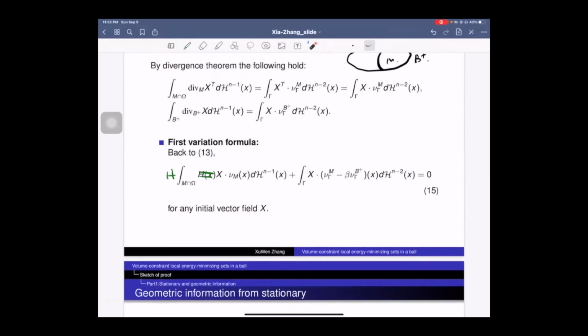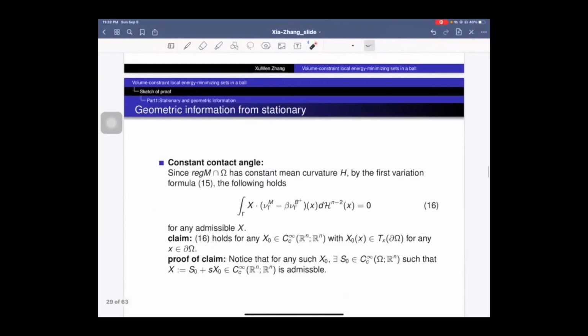And for any initial velocity x, the integration of x dot with the normal nu m is 0, which means this term is 0. So we just have to consider that this holds for any admissible initial velocity x.